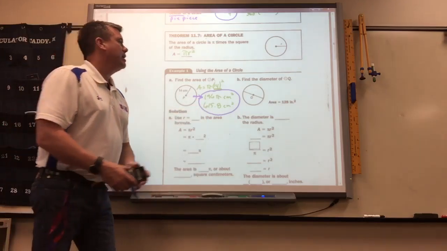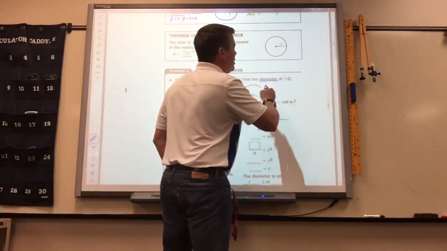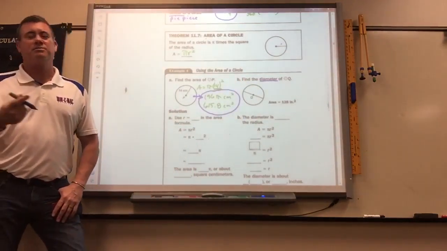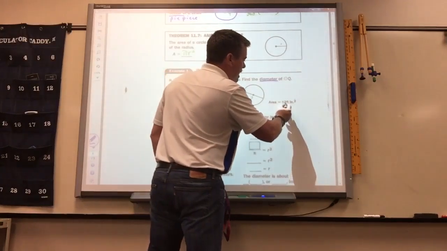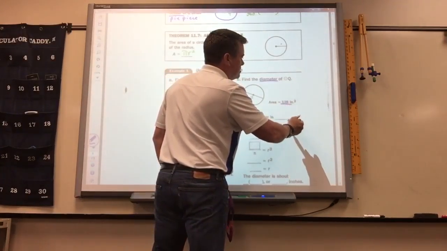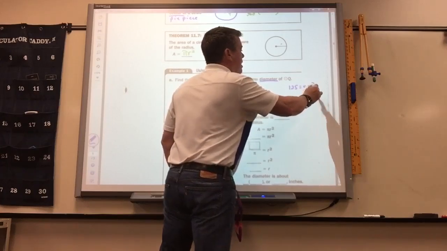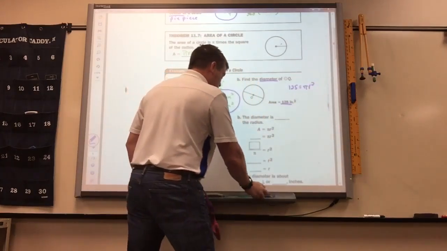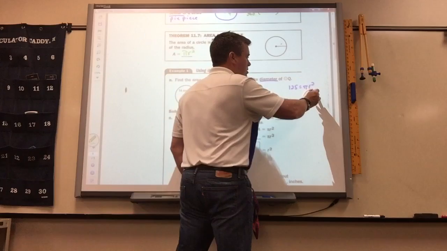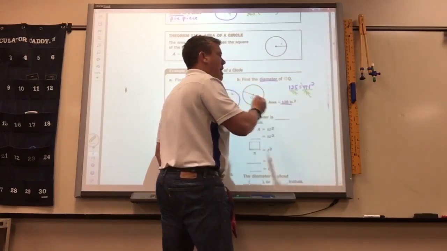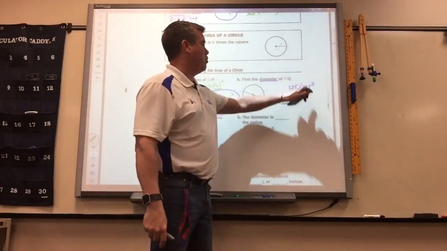Okay? Now, finding the diameter, it's just like yesterday when they gave you the circumference and you had to find the radius. They give us the area, area equals pi r squared, right? So, same thing, to get the r by itself, you got to divide by pi, and then it's going to be one more step. What do you got to do?